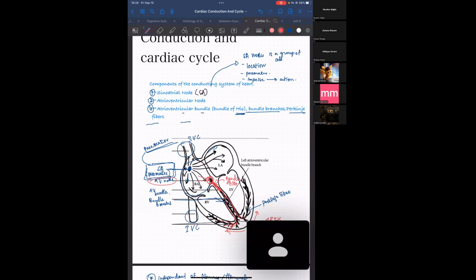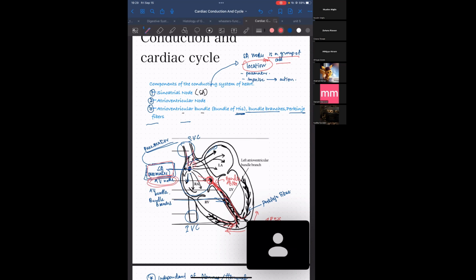So yes, for the SA node, you have to start by telling that it's a group of specialized cells or fibers. If it's the bundle branches or the AV bundle, then it's a specialized group of fibers. And then you have to tell its location. Where is the SA node? The SA node is present in the right atrium in the myocardium near the opening of the superior vena cava.